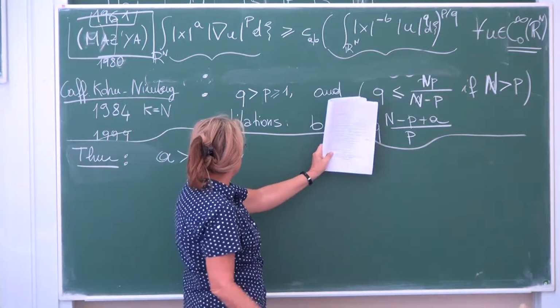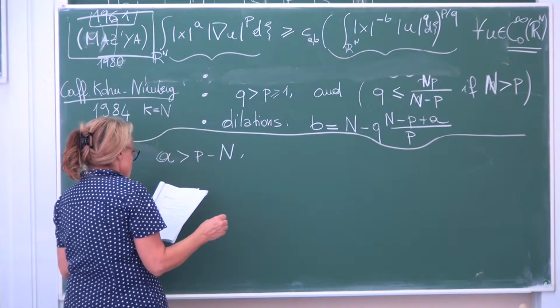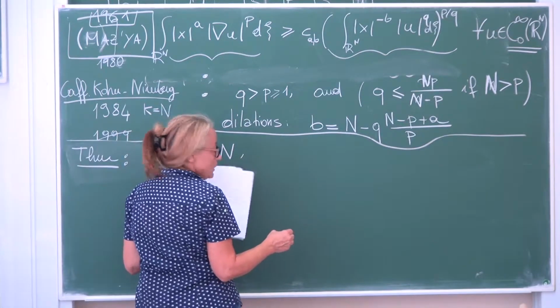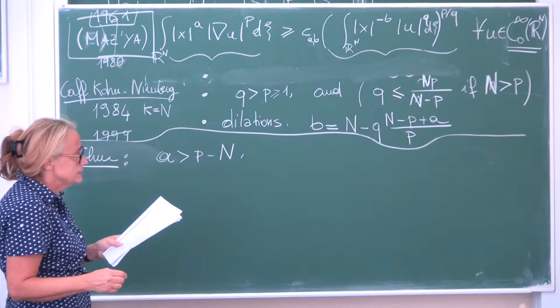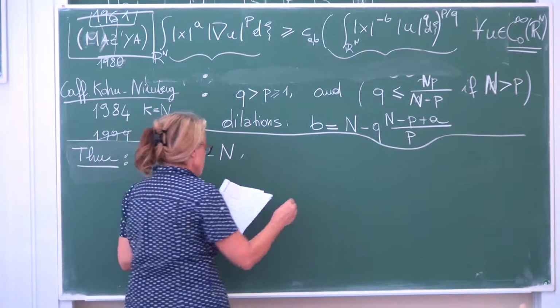And in particular, if A is greater than P minus N, that is weaker than P minus K. So we are not asking, by the way, in general, that the Hardy inequality holds.